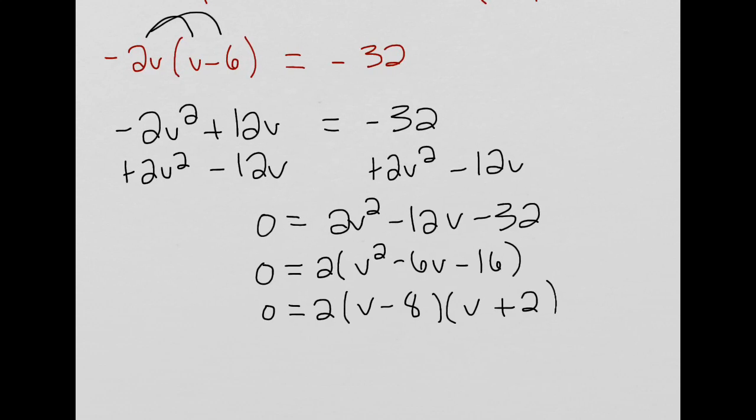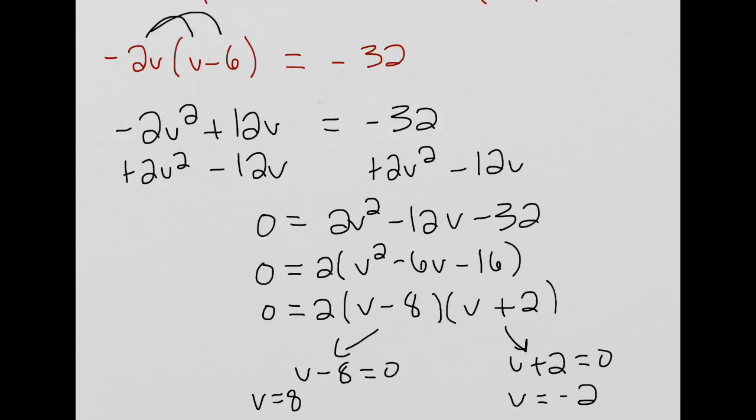And now if I take each factor that has a v in it, set it equal to 0, and solve, I get two solutions. So the first solution is v equals 8. The second solution is v equals negative 2.